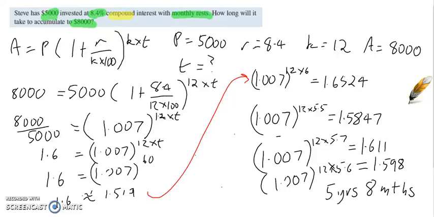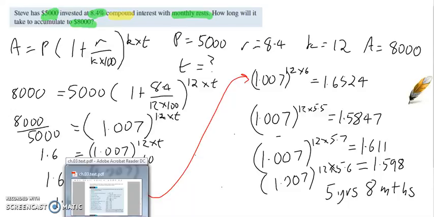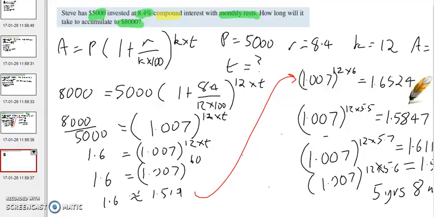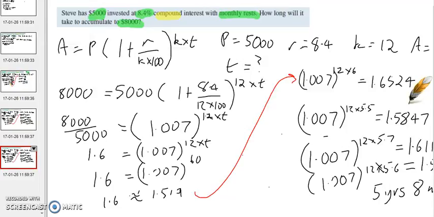Now, for those of you out there who are more mathematically inclined, I just want you to take a note of one part of this. And that part I want you to take a note of is 1.6 equals 1.007 to the power of 12 times t. Because I'm going to show something that we don't learn in Maths A, but if you can do it, that's what I want.